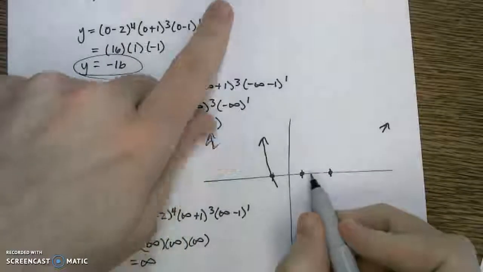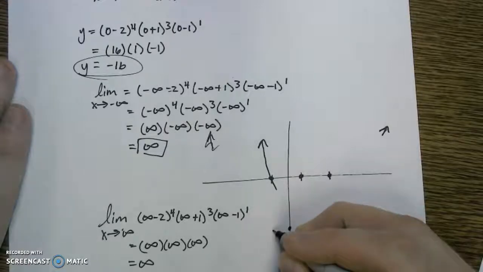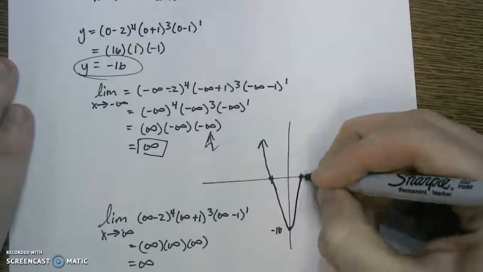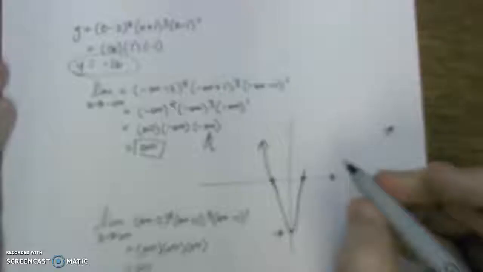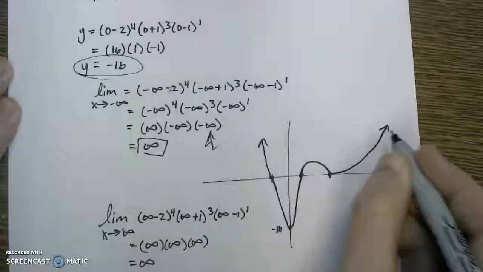At +1 it crosses, but it also hits -16 on the y, so go down and get -16 and then cross through. Then we see that it touches at 2, and then it goes to +infinity.